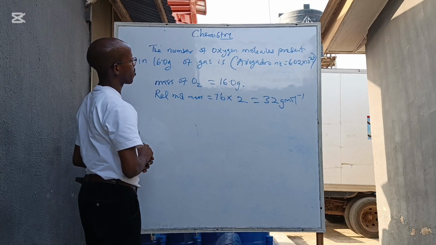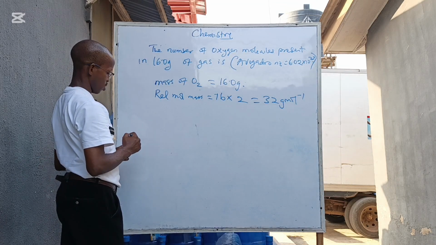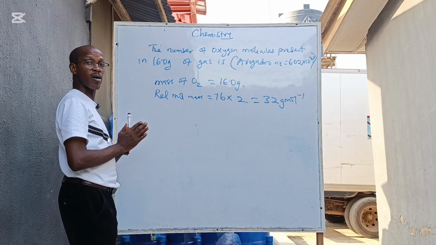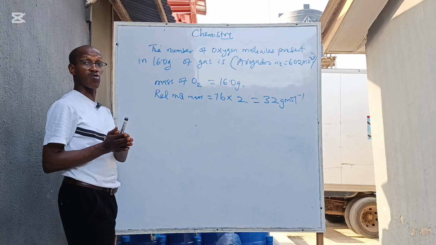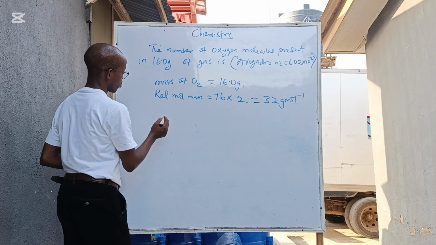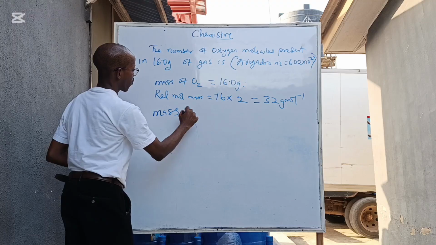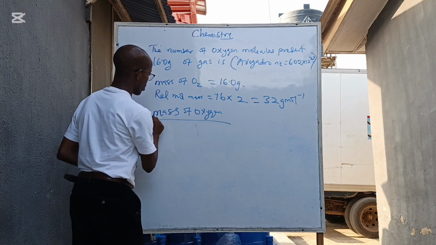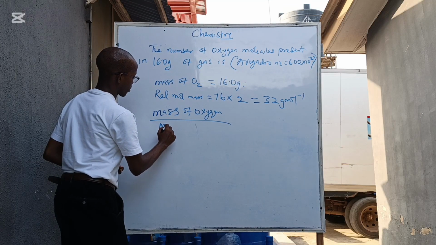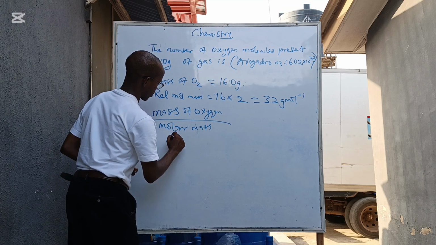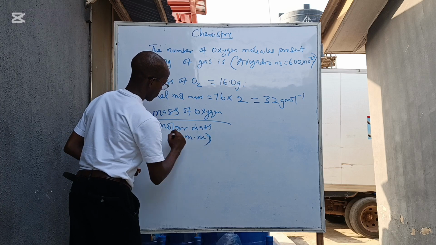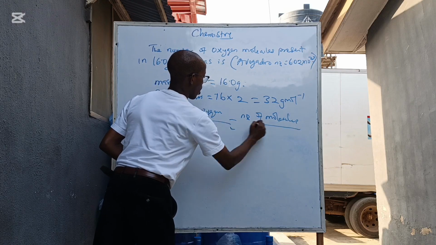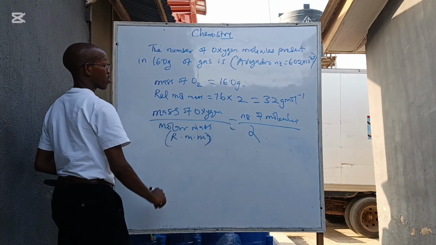So if you are to calculate the number of oxygen molecules, remember this question is having mass, is having molar mass, and is also having Avogadro's constant. That means you are looking for the number of particles, which we call the molecules. So you use the formula: mass of oxygen molecule all over molar mass or relative molecular mass is equal to the number of molecules all over Avogadro's constant. That's Avogadro's constant formula.